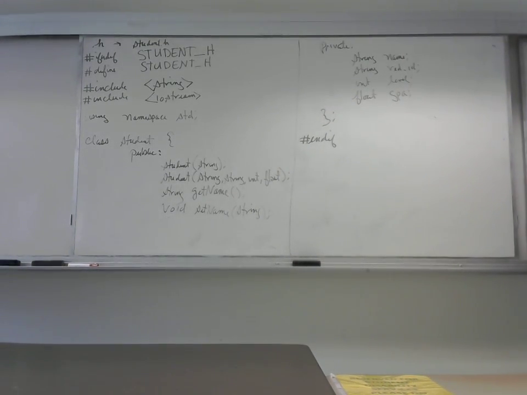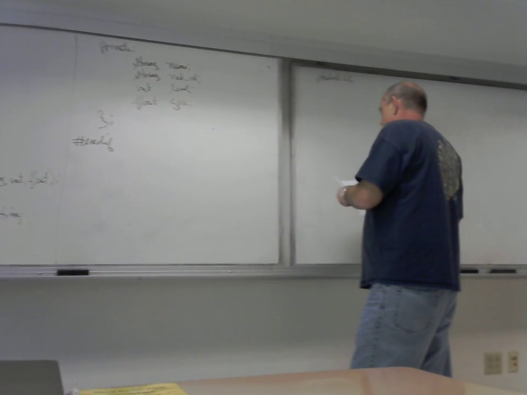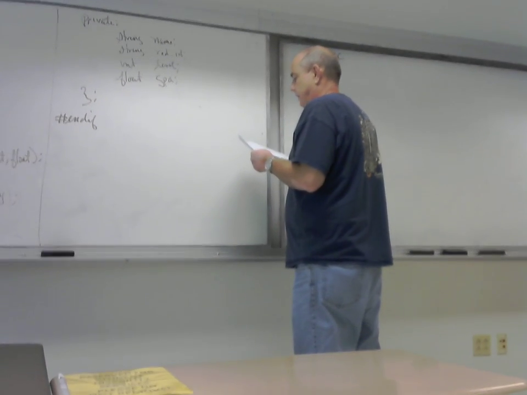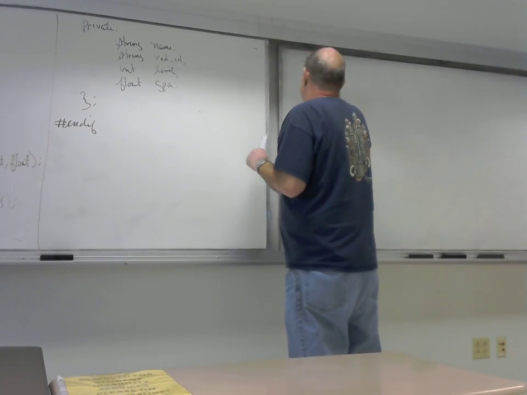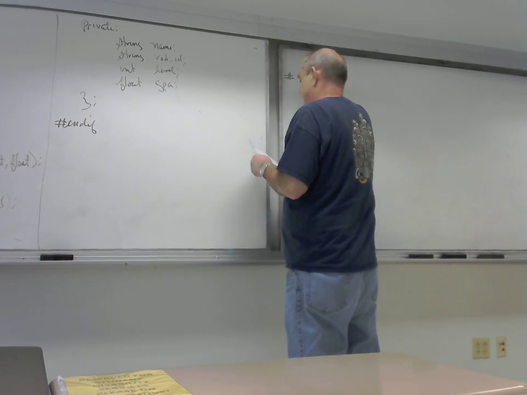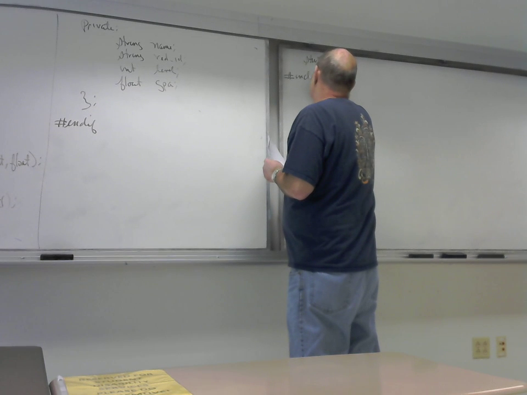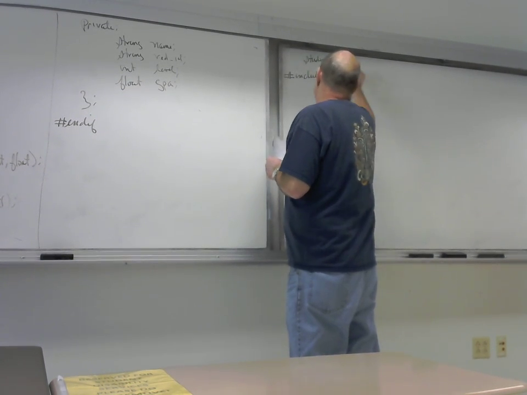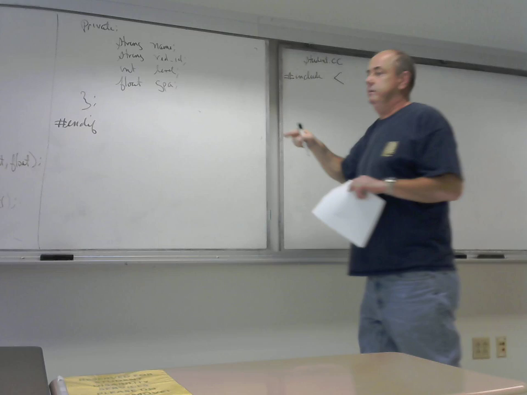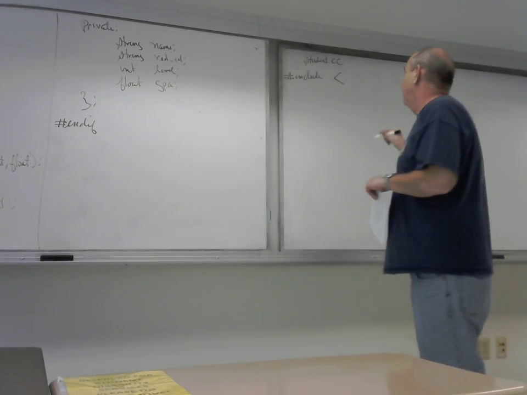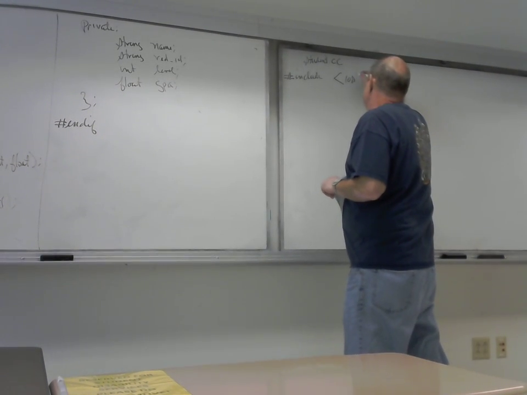All right, so we can include any of the libraries we might need, particularly if you refer to them here but they're not referred to in the H file. iostream.